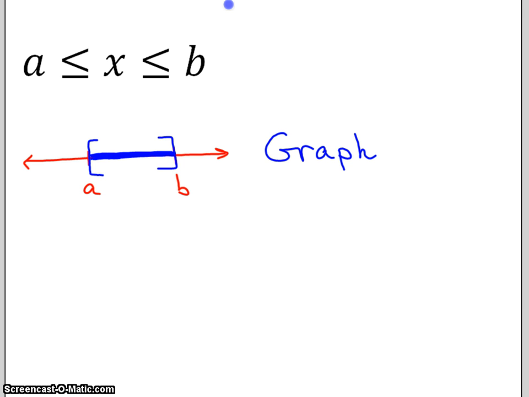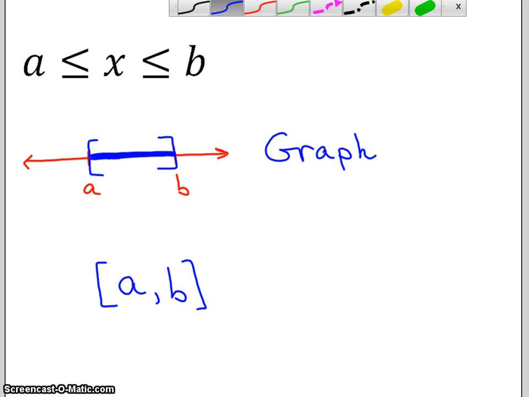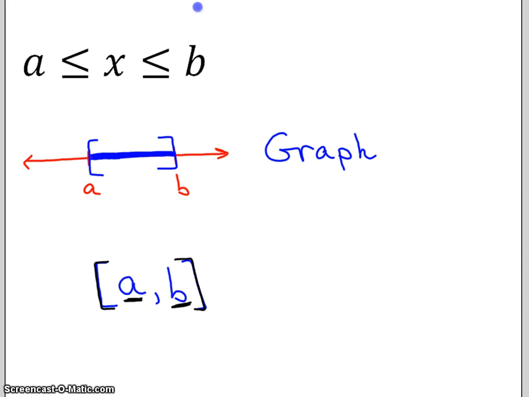And now the interval notation: bracket, A, comma, B, bracket. Let me explain this. Interval notation goes left to right. The first endpoint of our interval is A, and the second endpoint is B. We want to include A in our answer, so we put a bracket, and we want to include B, so we put a bracket.